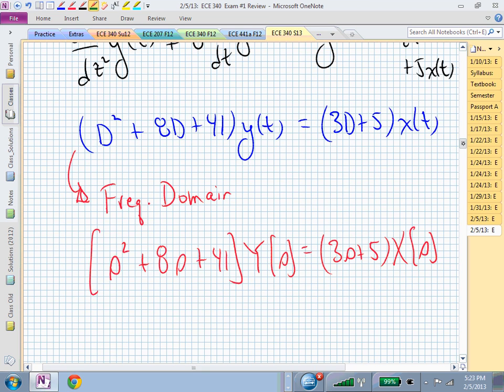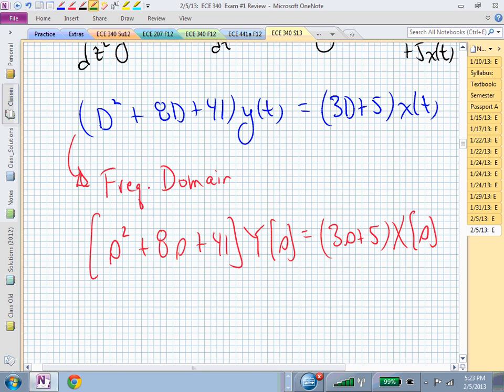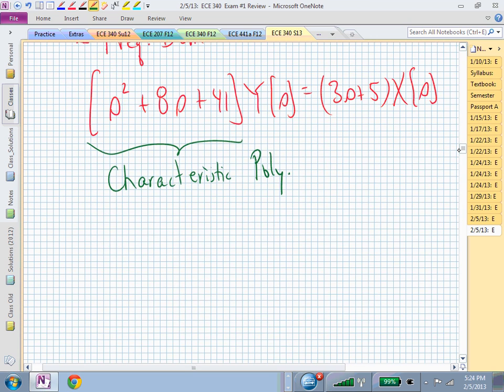I've already really identified the characteristic polynomial, haven't I? Here is that expression in s, that polynomial in s, that's multiplying Y of s. Here is our characteristic polynomial, which if I set it equal to 0 will give me the characteristic equation.